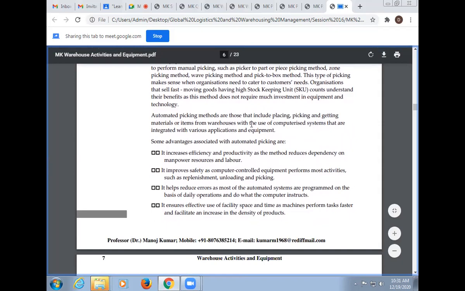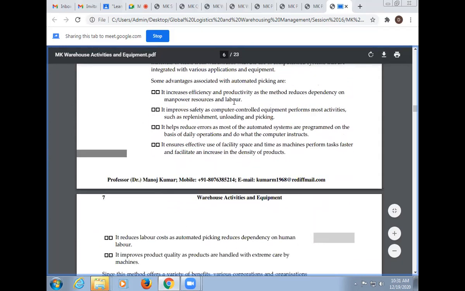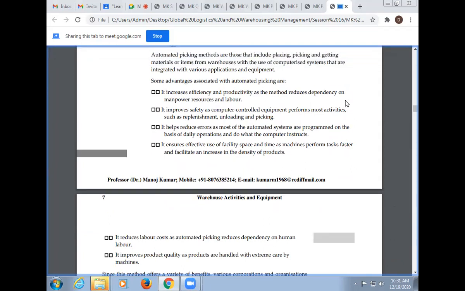Automated picking methods are those that include placing, picking, and getting materials or items from the warehouse with the use of computerized systems that are integrated with various applications and equipment. Some advantages associated with automated picking are: it increases efficiency and productivity as the method reduces dependency on manpower, resources, and labor.